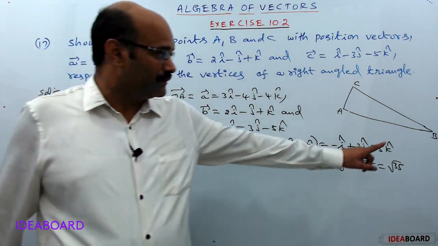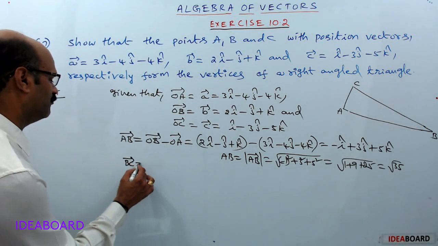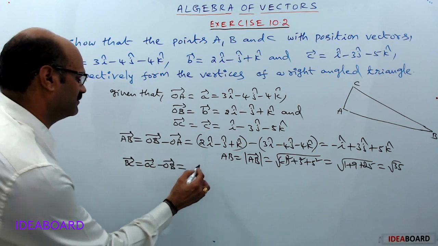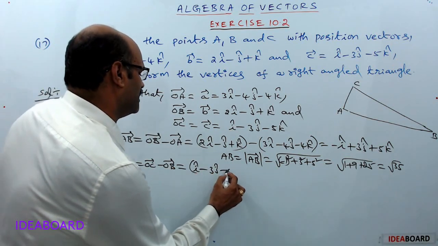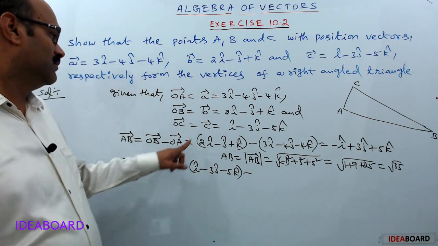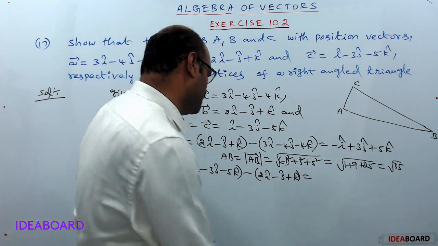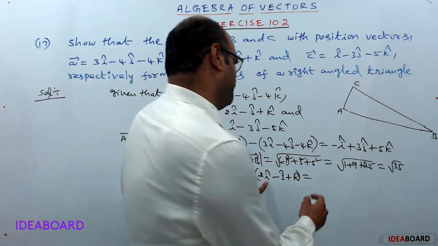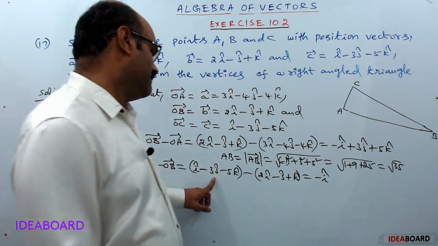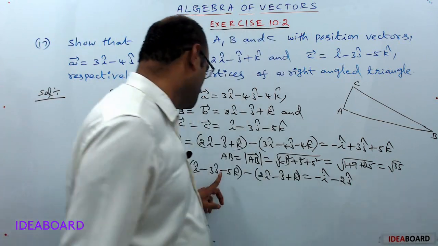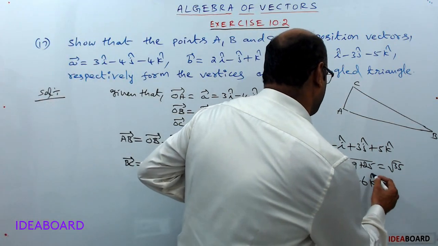Now find the vector BC. BC vector equals OC vector minus OB vector, OC vector equal to i cap minus 3j cap minus 5k cap, minus OB vector equal to 2i cap minus j cap plus k cap, equal to i cap minus 2i cap, that is minus i cap, minus 3j cap plus j cap, that is minus 2j cap, minus 5k cap minus k cap, that is minus 6k cap.